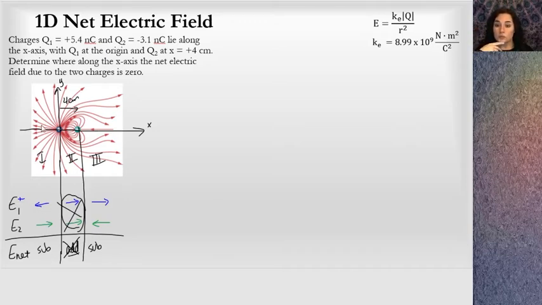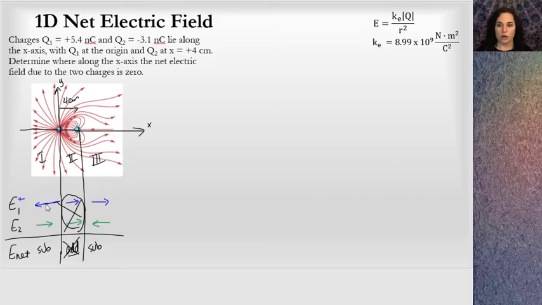Over in this region, region 1, notice in this situation, the positive charge is larger than the negative charge in magnitude. This is 5.4 and this is 3.1. So there's no way that the electric field due to the negative charge is going to be larger or equal to the electric field due to the positive charge in this region.